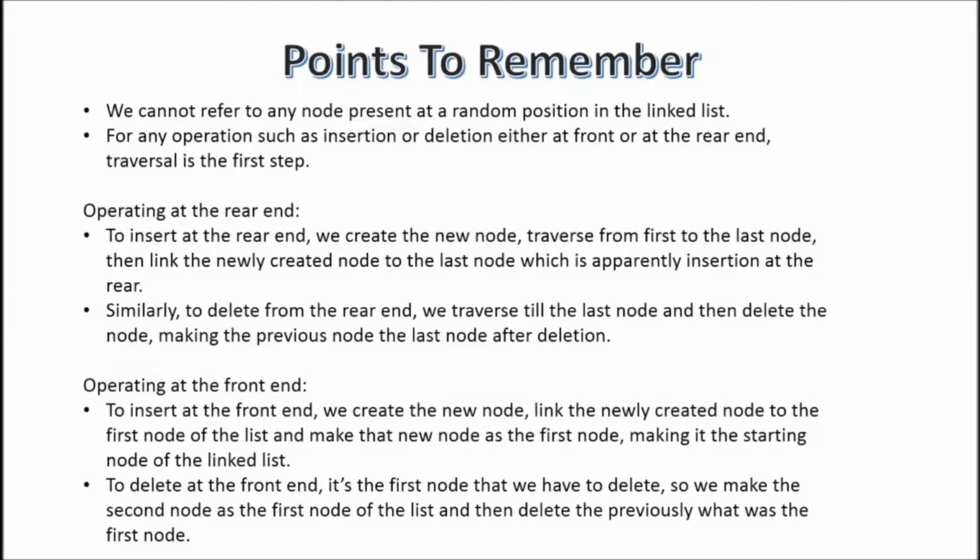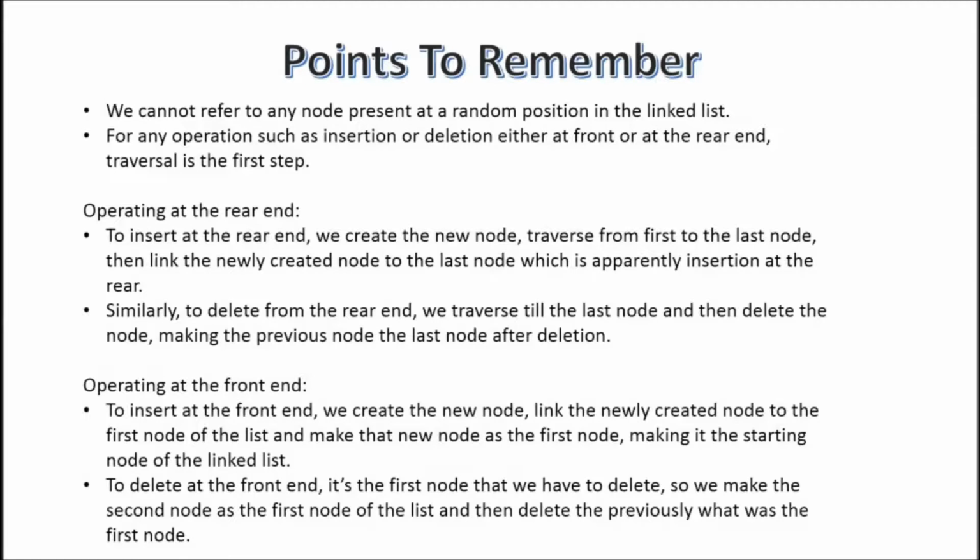So, operating at the front end: to insert at the front end, we create the new node, link the newly created node to the first node of the list and make that new node the first node, making it the starting node of the linked list. There's a slight difference between inserting at the rear end and at the front end. To insert at the rear end, you go to the last and then insert the new node.